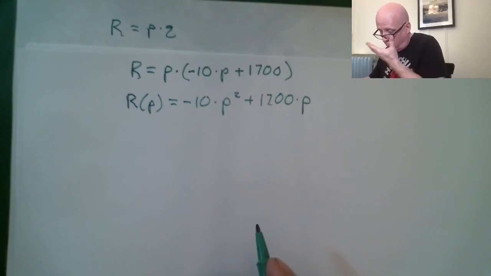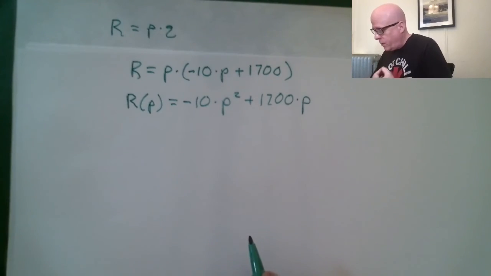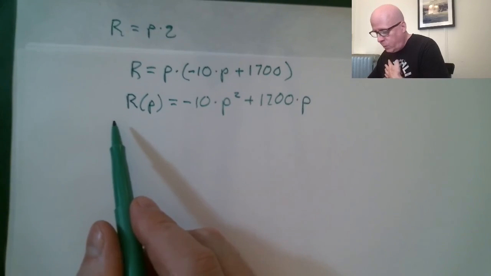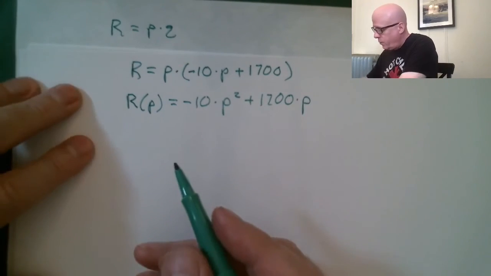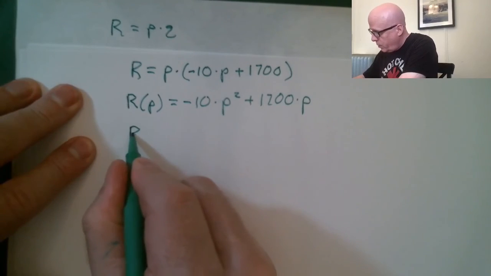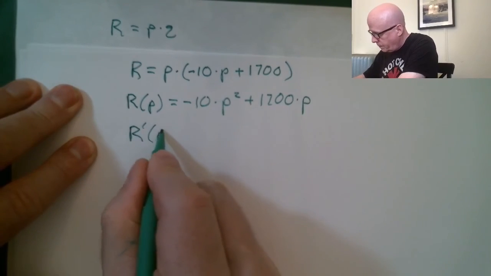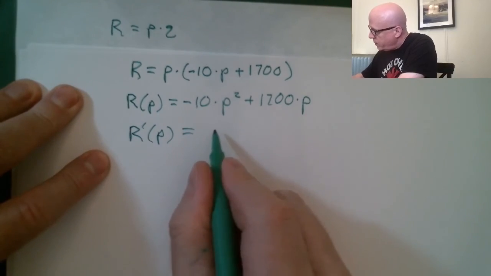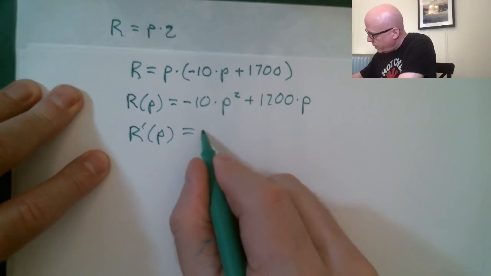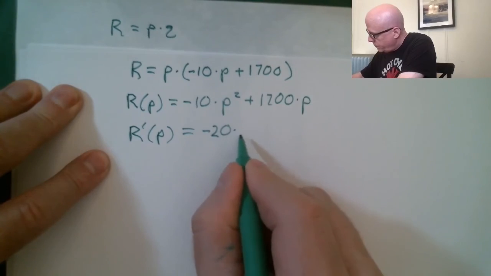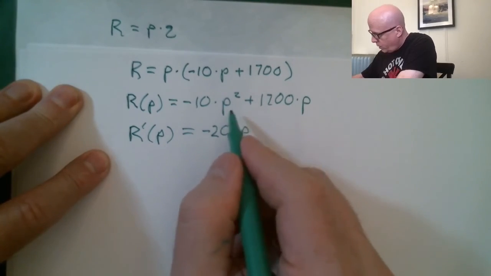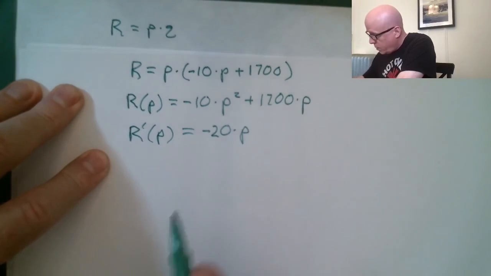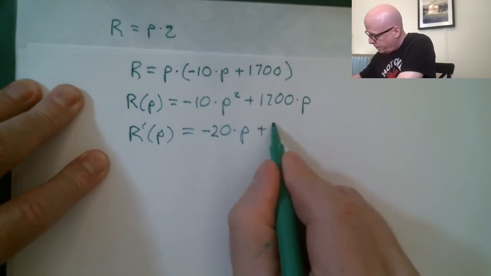Okay, now we're in a great spot. We've got our revenue purely as a function of one variable, and we can do the calculus stuff. That is, find the derivative, and that would be, let's see, minus 20p. That p squared becomes 2p, but then there's a minus 10 out front, and that just becomes a number, plus 1700.